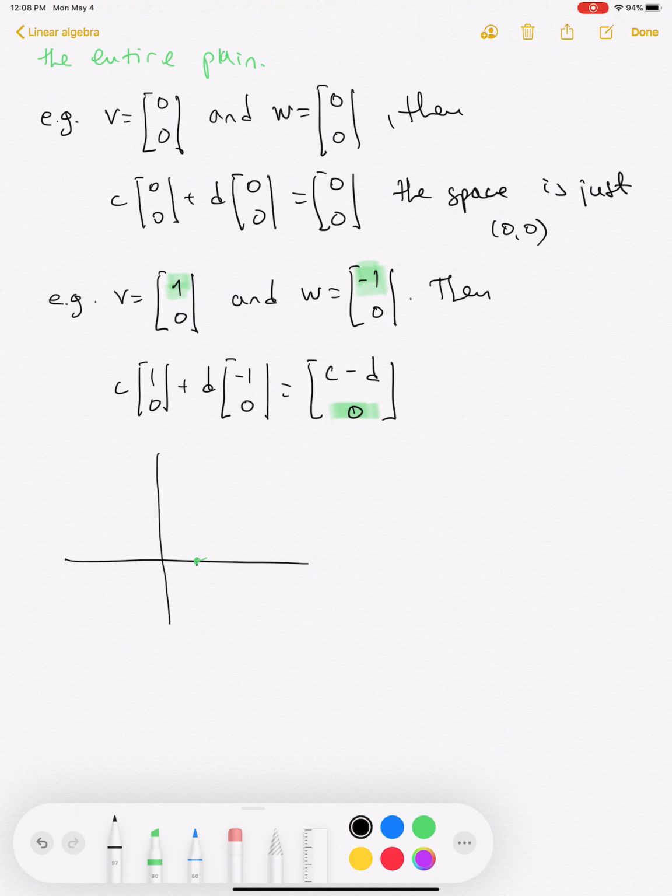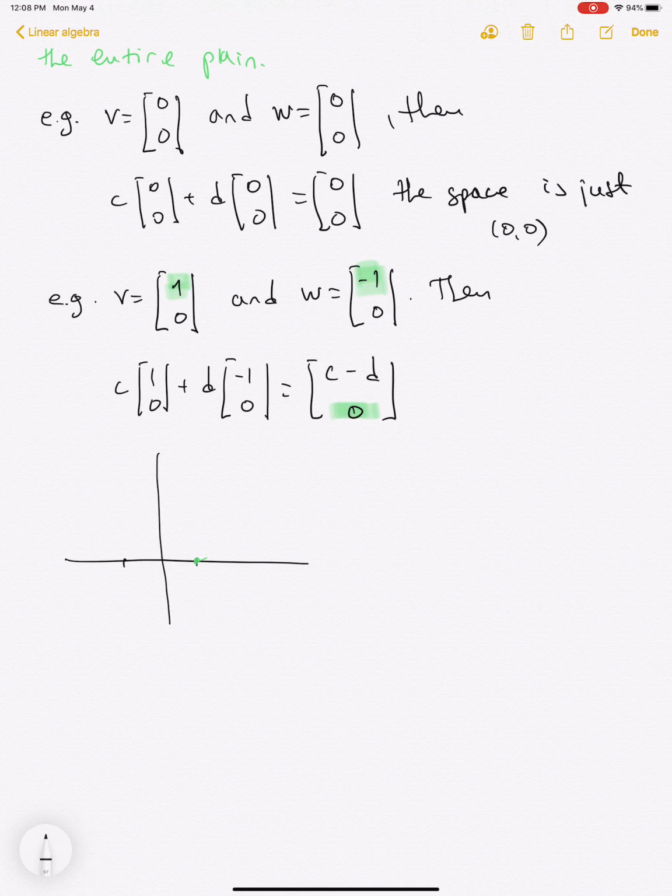And the vector W corresponds to (-1, 0). So that's over here. Then any combination of the two will have to stay on that line between them. So if you have the one vector and you have the other vector, no matter how you add them, you're going to be on that line.